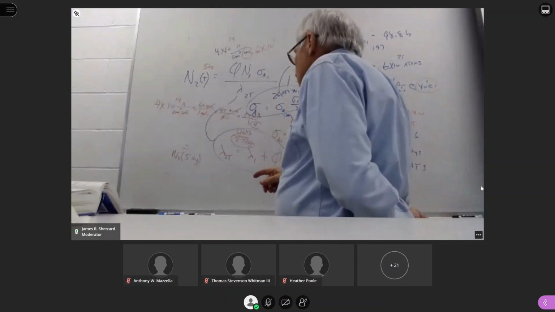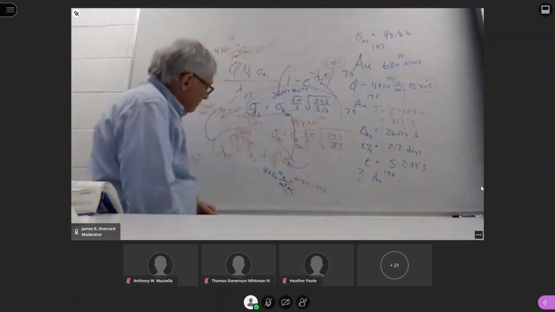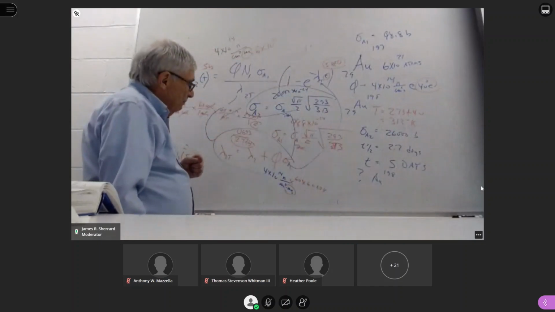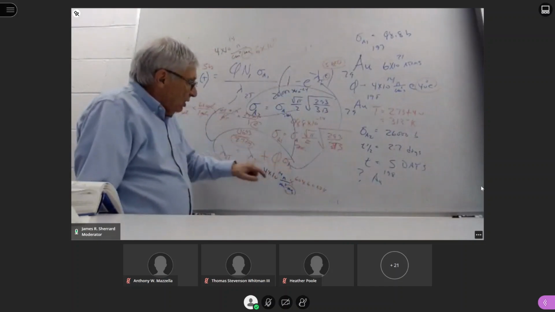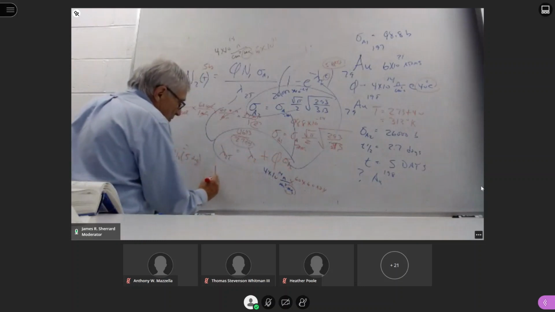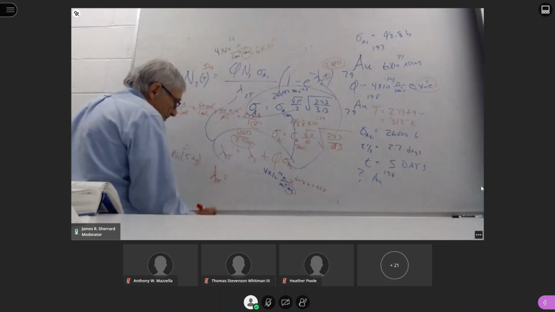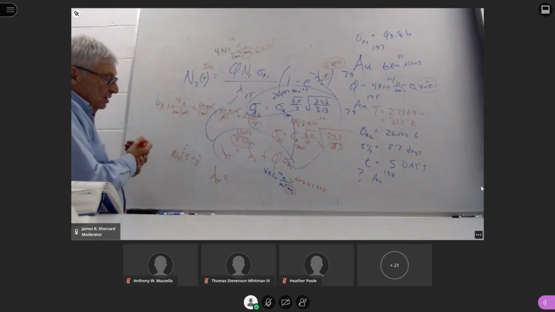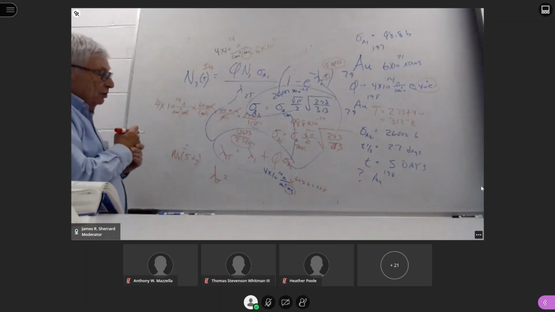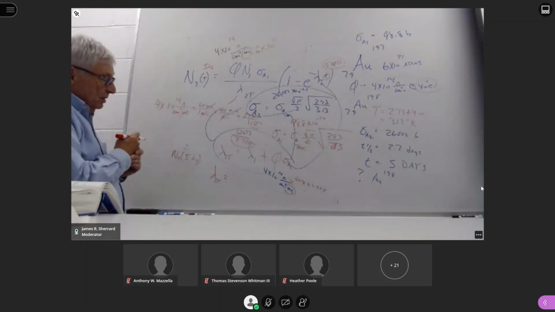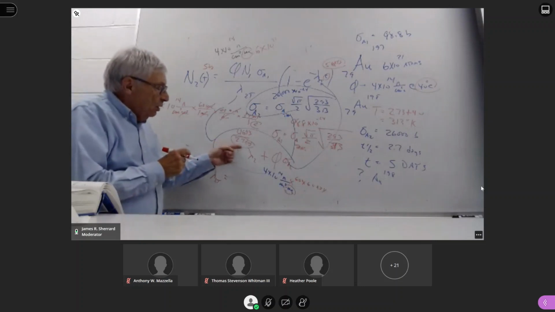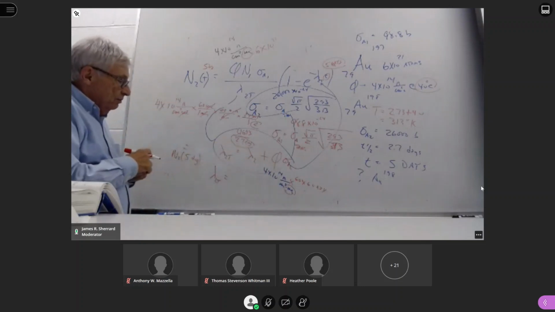You have to look at making sure the units are the same. When you do this calculation right here for lambda 2T, you have to look at the amount of this value.